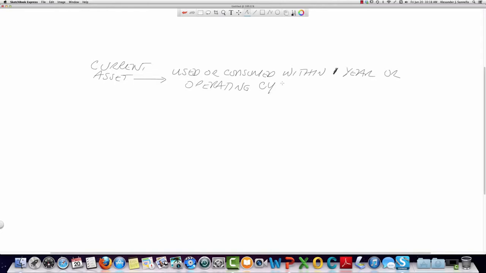When we define a current asset, a current asset will be used or consumed within 1 year or operating cycle, whichever is longer.